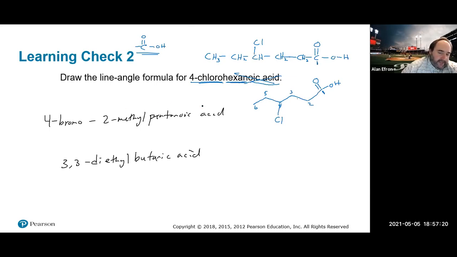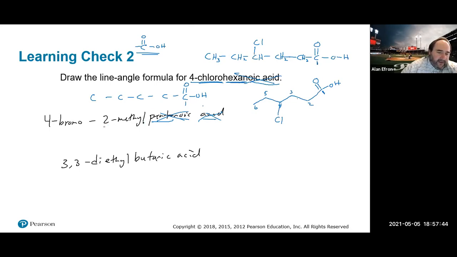Working backwards on this one, we see the same thing, oic acid. We see pentane, which means we would do 5 carbons in this case. I'm going to put my carboxylic acid group on the right-hand side. Again, it's personal preference; if you want to put it on the other side, you can. That's going to be carbon number 1.